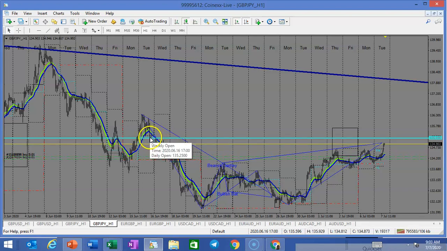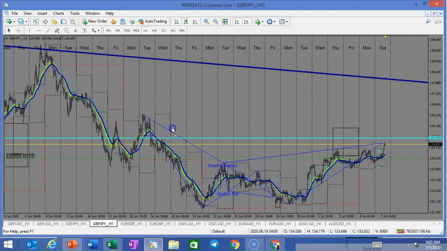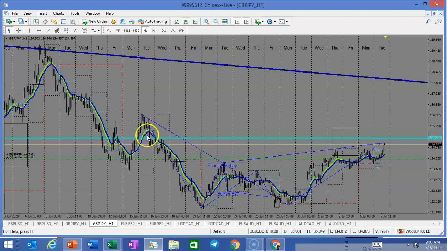And I think this is a good one because not only is there a black tracer there, but if you look real close, there's a daily open, a blue tracer. So this was back around June 15th.